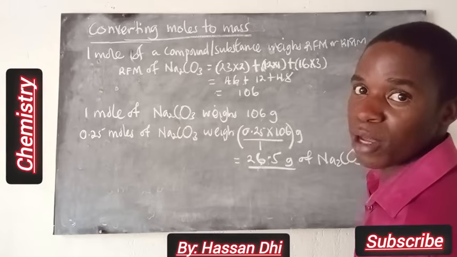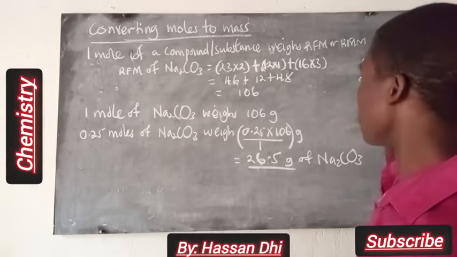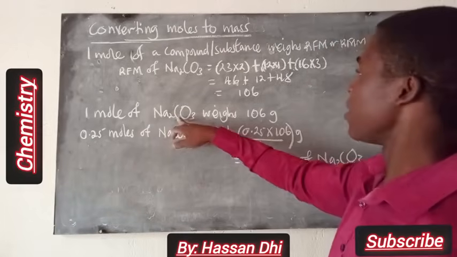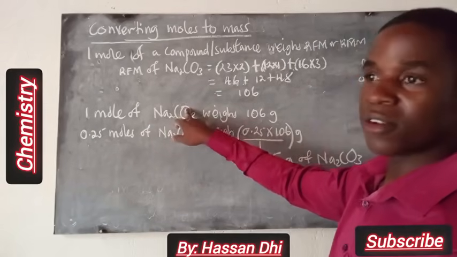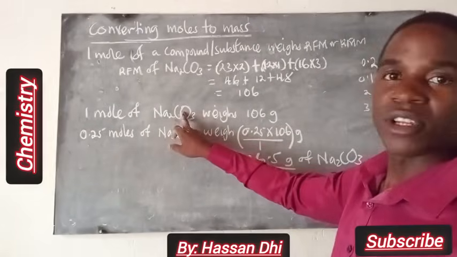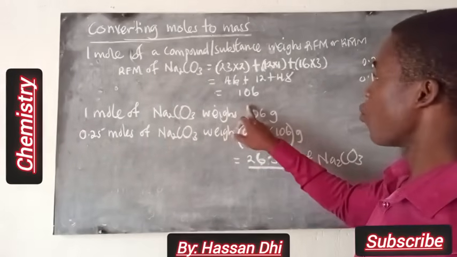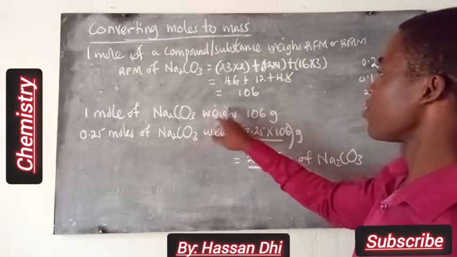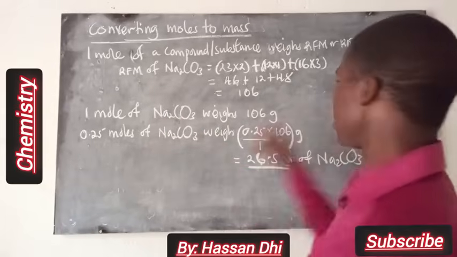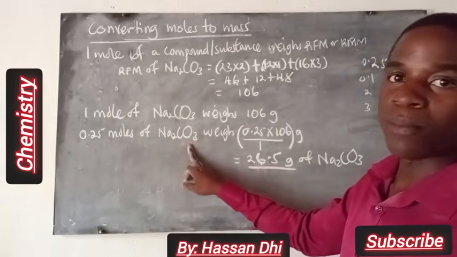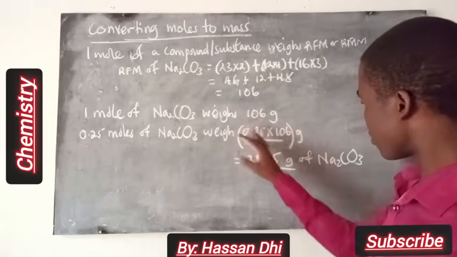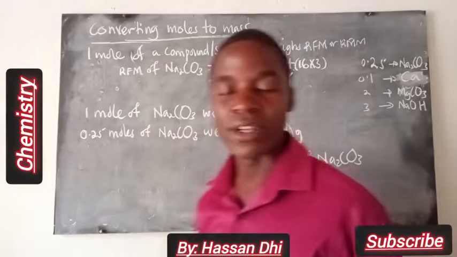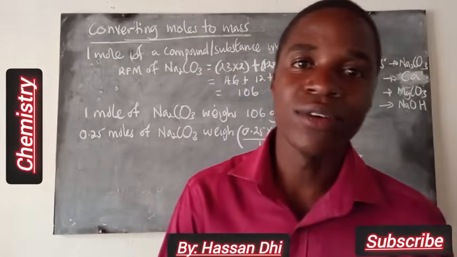That's the relative formula mass of sodium hydroxide. Now you say 1 mole of sodium hydroxide weighs 40 grams. What about 3 moles of sodium hydroxide? Now you multiply and you'll be able to obtain the answer. That's how we can deal with that.